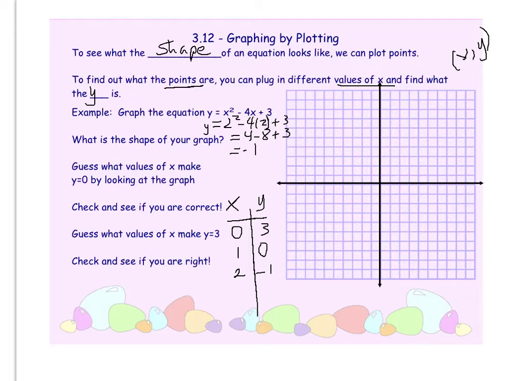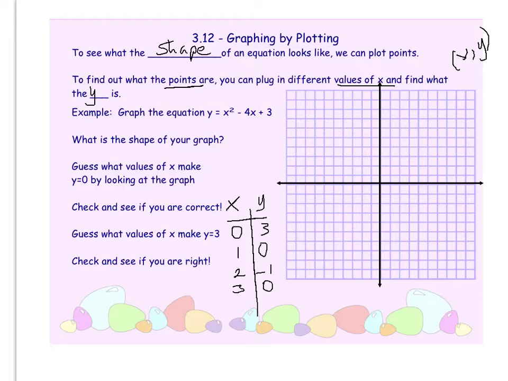Values are still decreasing, so let's keep going. Let's try 3. y equals 3 squared minus 4 times 3 plus 3, so y is going to equal 9 minus 12 plus 3, which is going to be 0.